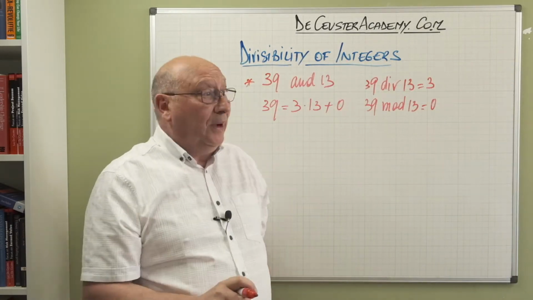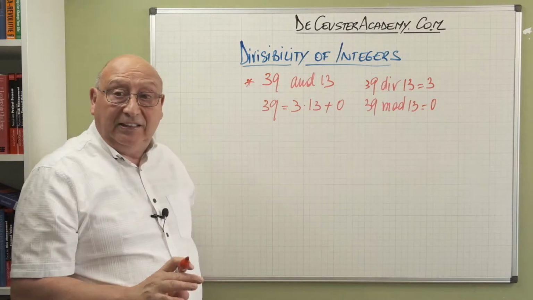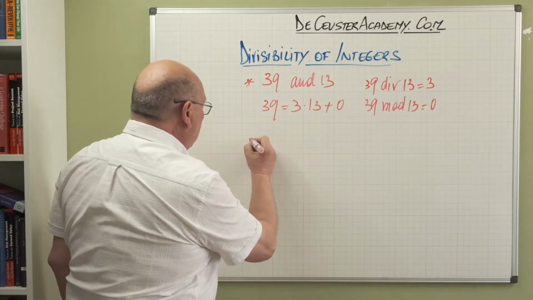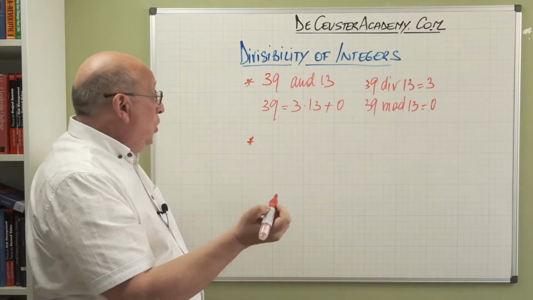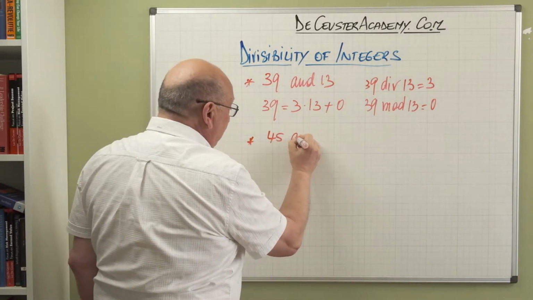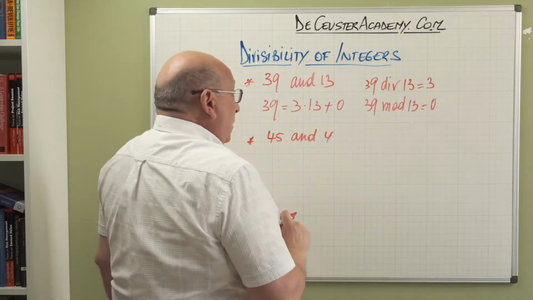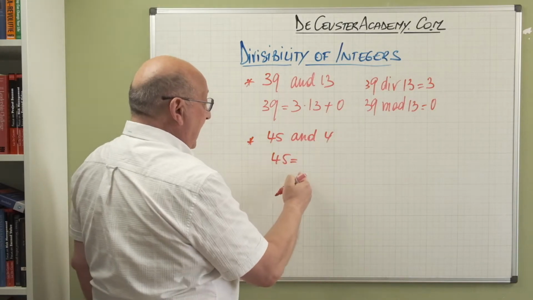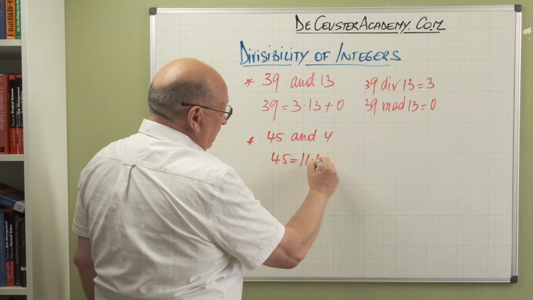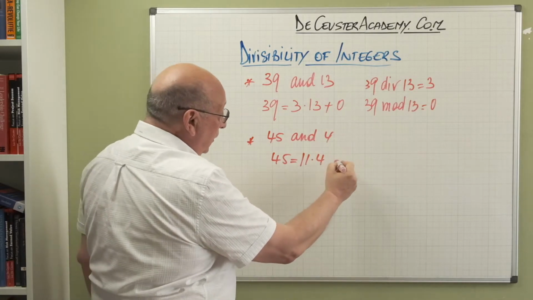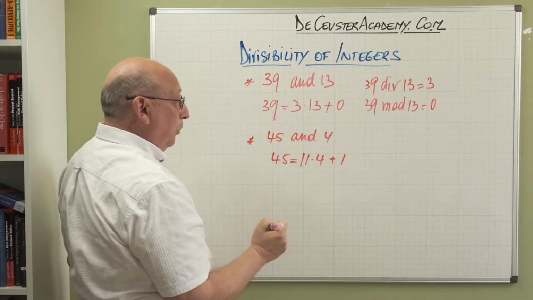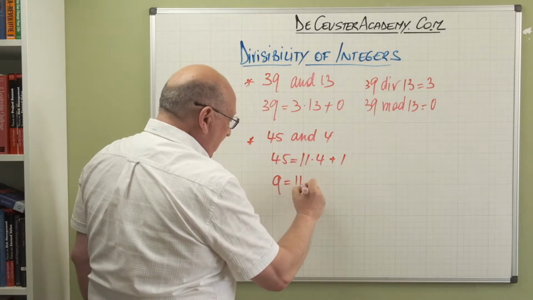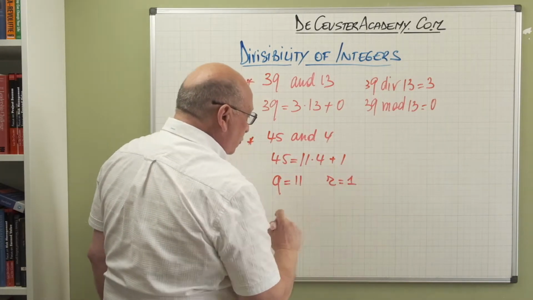We can have another one so you get the hang of it, that you understand, before we continue with the modular arithmetic. We look at 45 and 4. So what we can say is that 45 can be written as 11 times 4, so we have 44, plus the remainder is 1. And we can say that the quotient here is 11 and the remainder is 1.